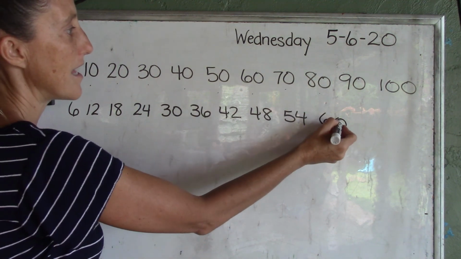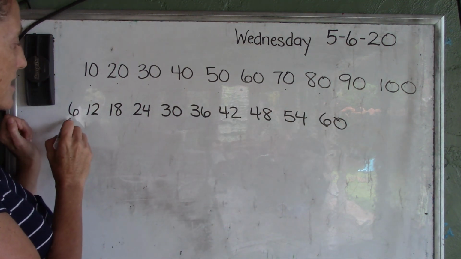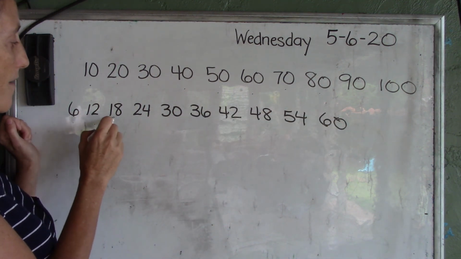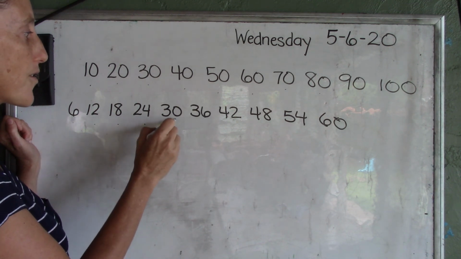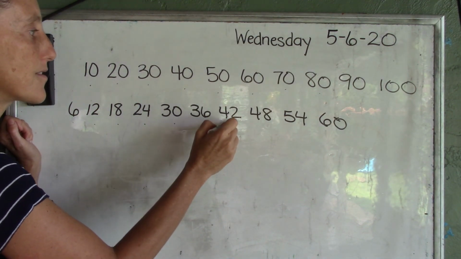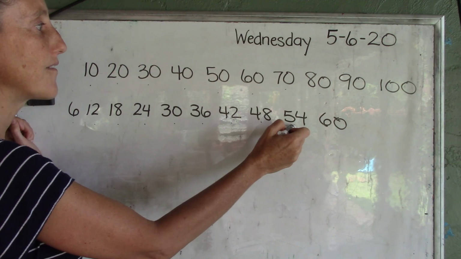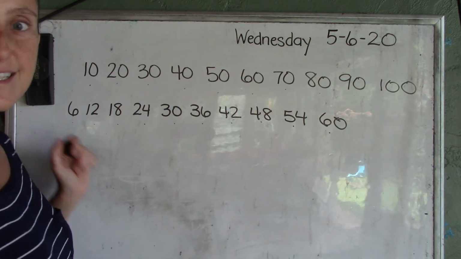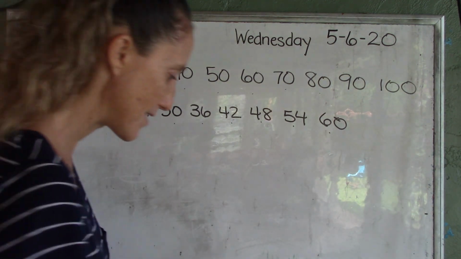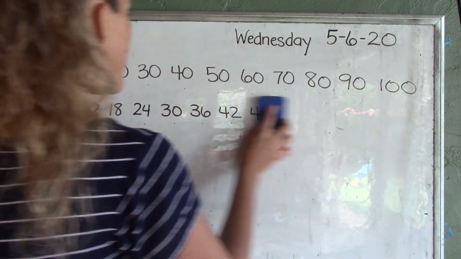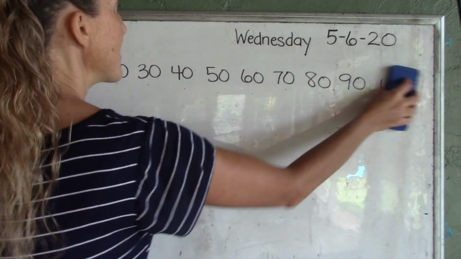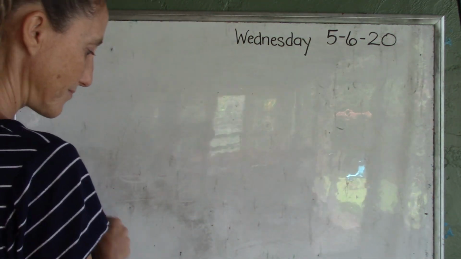Let's say those together. Are you ready? 6, 12, 18, 24, 30, 36, 42, 48, 54, and 60. So we've got those counting by sixes and counting by tens.